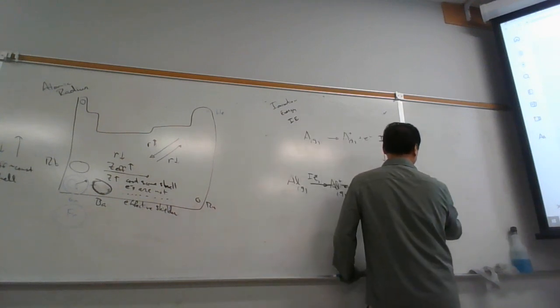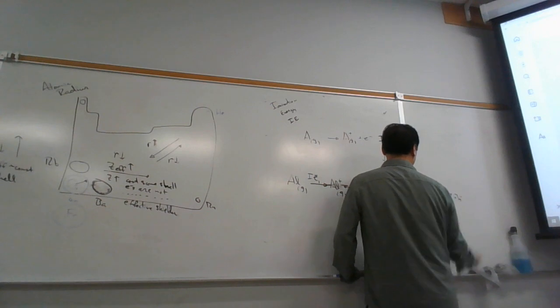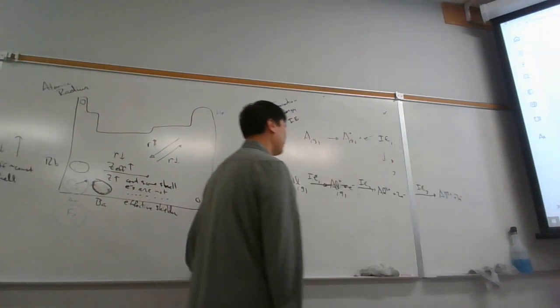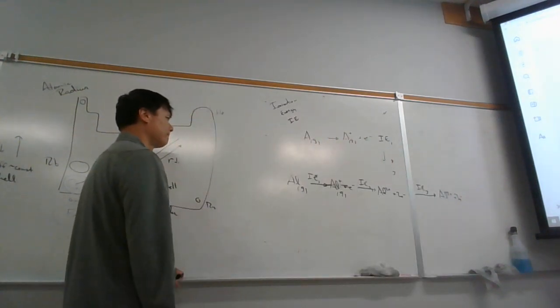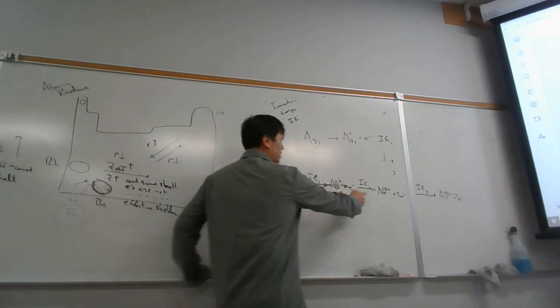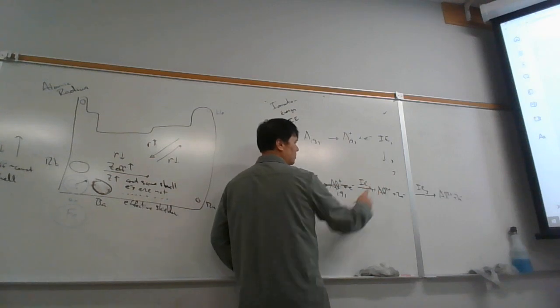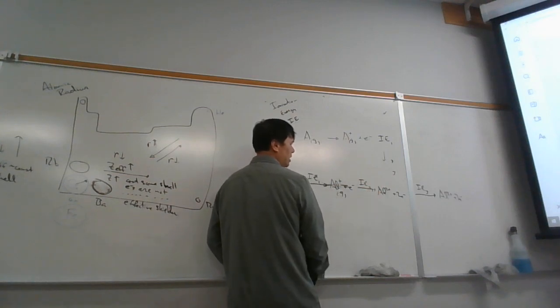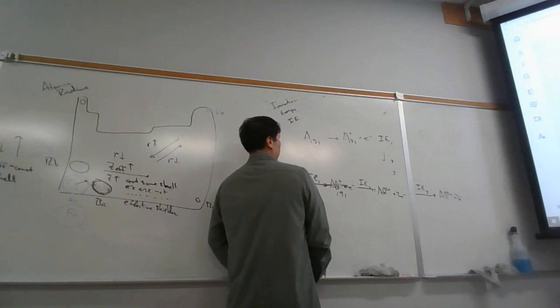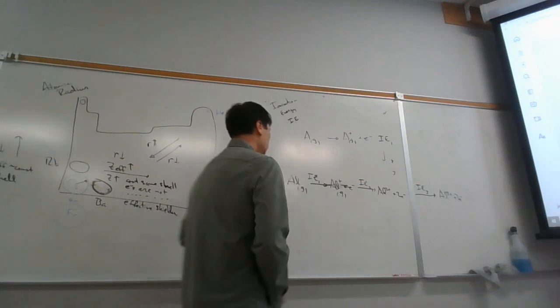And then IE3, which will take us to aluminum 3 plus and a total of 3 electrons, to keep things balanced. These are called successive ionization energies. So if I want to ionize aluminum, what I do is I add these up using Hess's law. The individual steps make up the overall reaction.